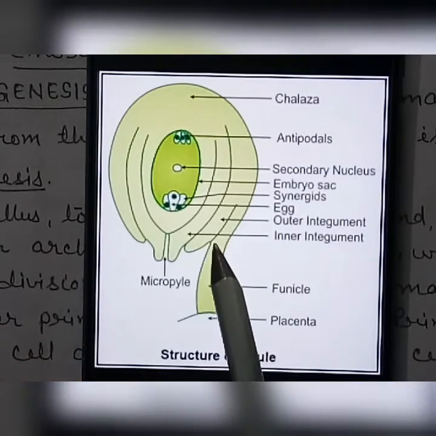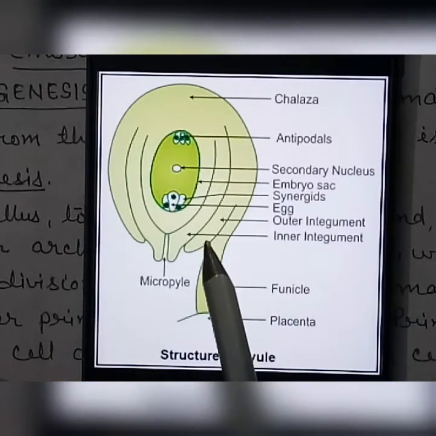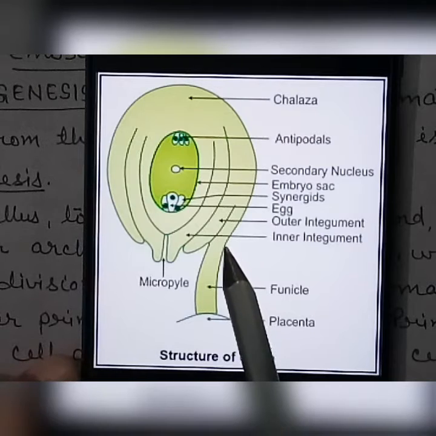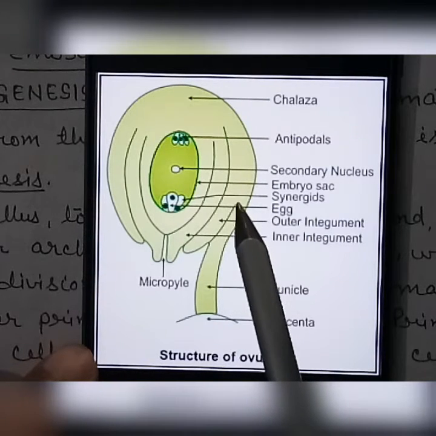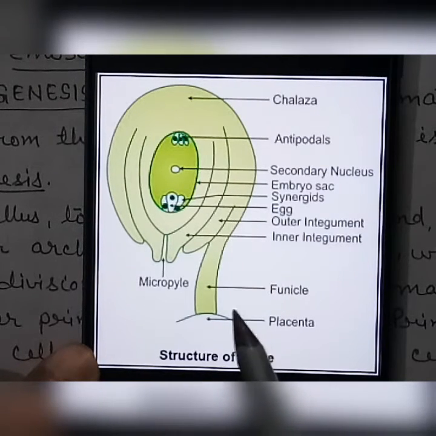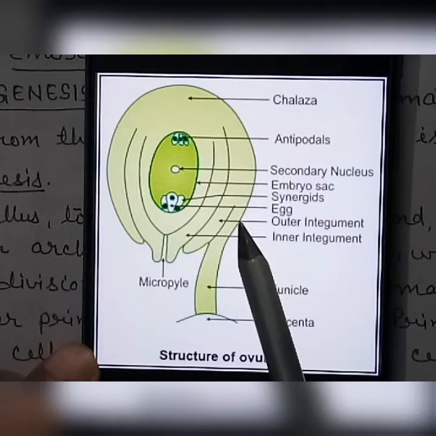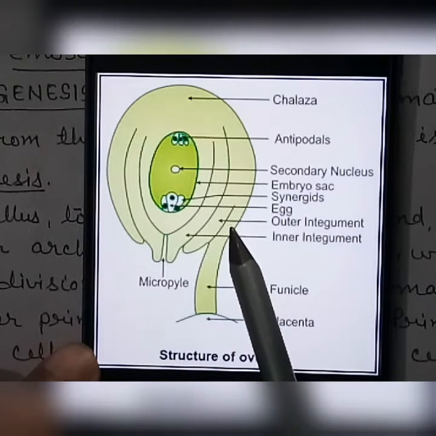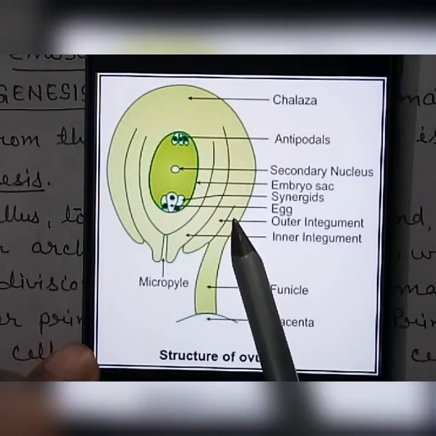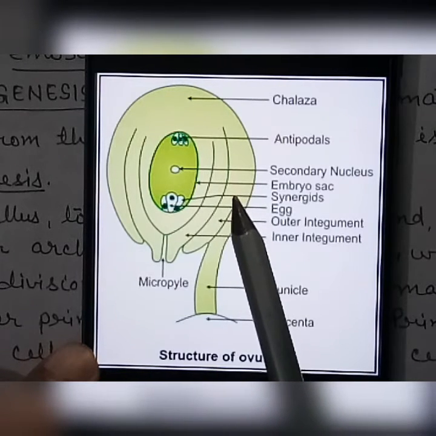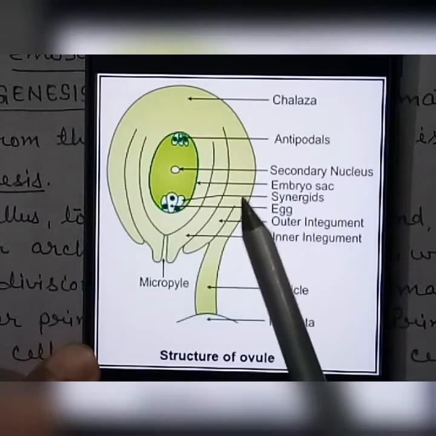Sometimes, when the ovule is attached to the funicle along its side, the funicle fuses with the main body of the ovule, and that portion of the funicle is called the raphe.